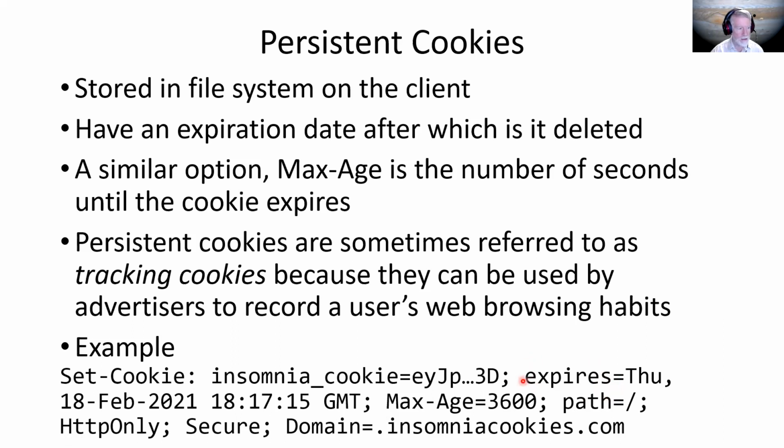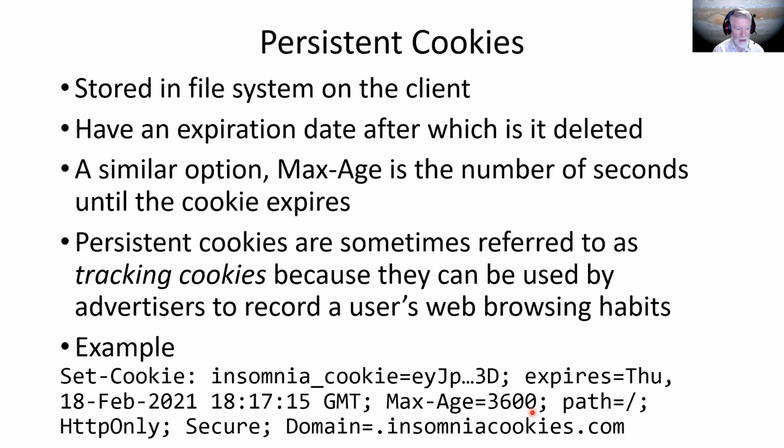This is an example I got from insomniacookie.com. There's an expires, and that specifies when the cookie is supposed to expire, and it'll be useful until that date. It also gives a max age parameter. They're about the same thing. In fact, they are pretty much identical, except max age gives you the number of seconds until this cookie is supposed to expire.